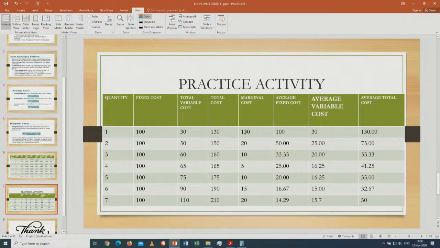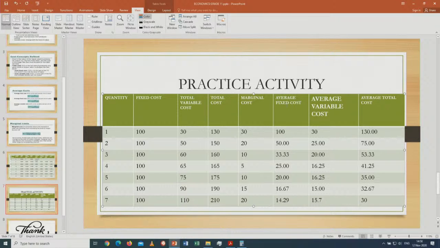We should have had 30, because the 30 would be due to the increase in our variable costs that would lead to the production of an extra unit. So therefore we have our marginal cost as 30. I hope you understand that, because we said this is due to an extra unit that we have produced.